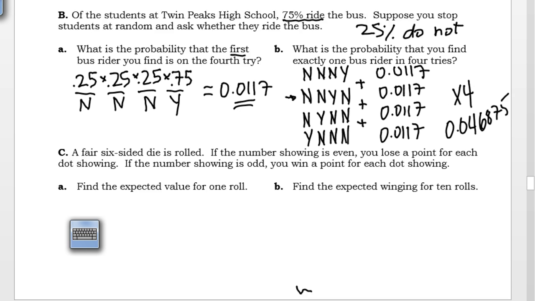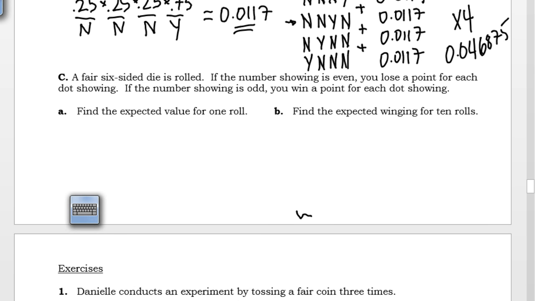My final example, a fair 6-sided die is rolled. If the number is even, you lose a point for each dot showing. If the number is odd, you win a point for each dot showing. Find the expected value for one roll.